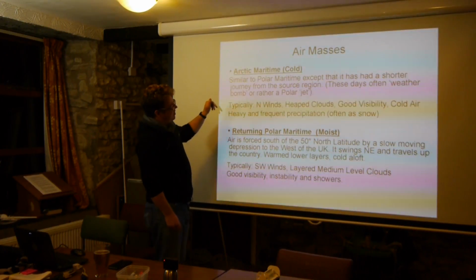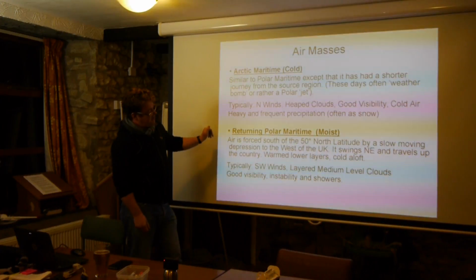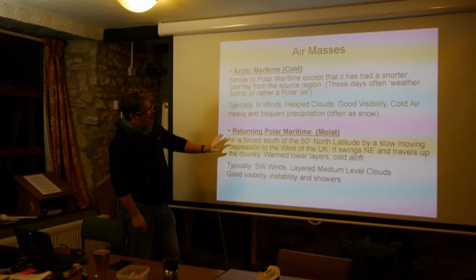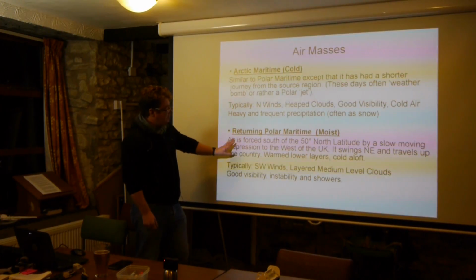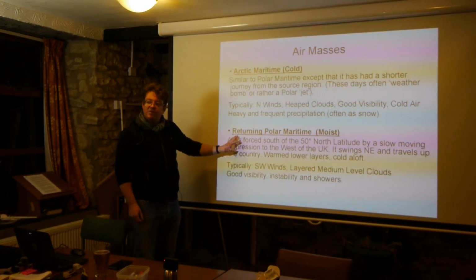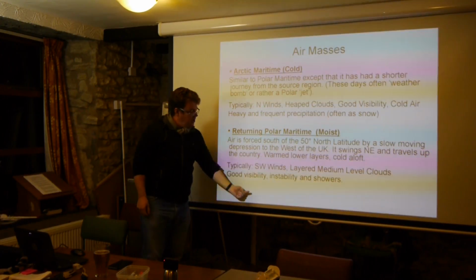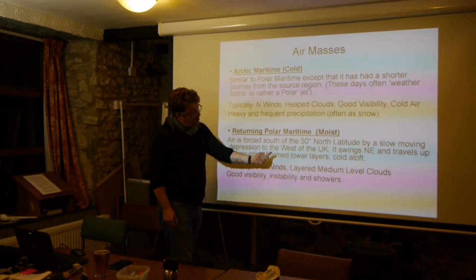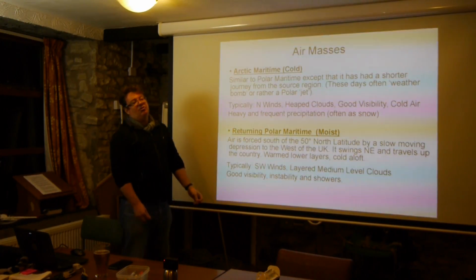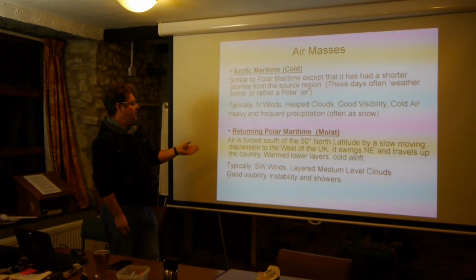It's come south in the Atlantic area, and then a depression in the vicinity of, or west of, Ireland has basically caused the air mass to swing around and then come back across to the UK from a more southerly direction than it would have otherwise. So that's why it's called returning polar maritime.